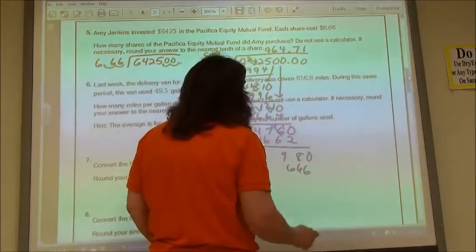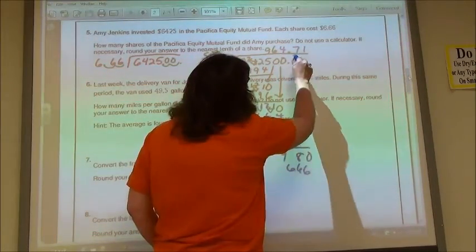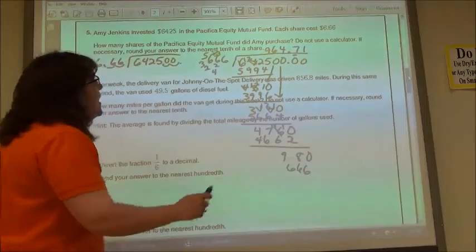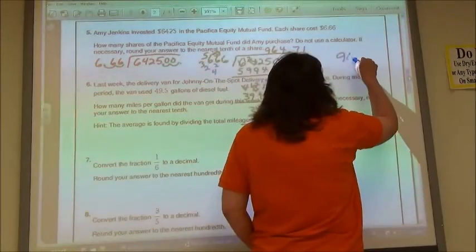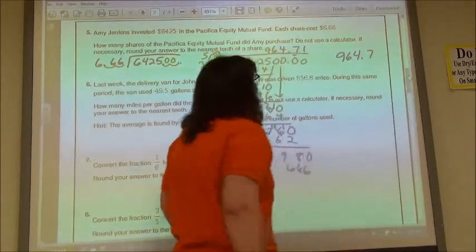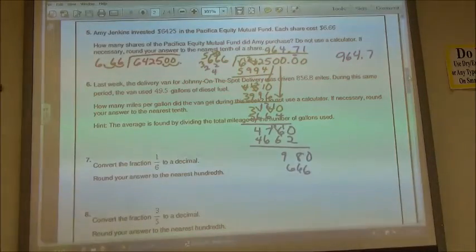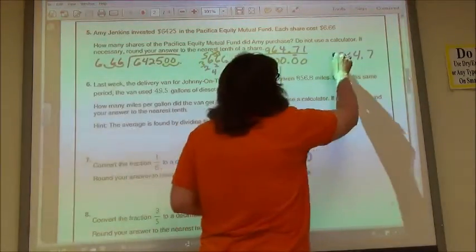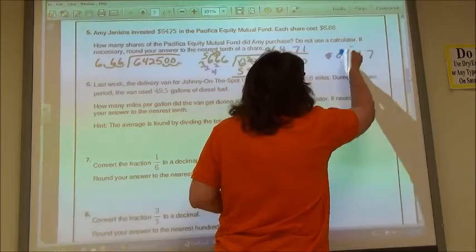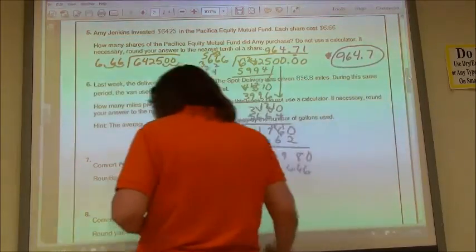We don't really need to subtract because now we can round to the nearest tenth, and we would say 964.7, since we're not going to round that up, is how many shares we purchased.